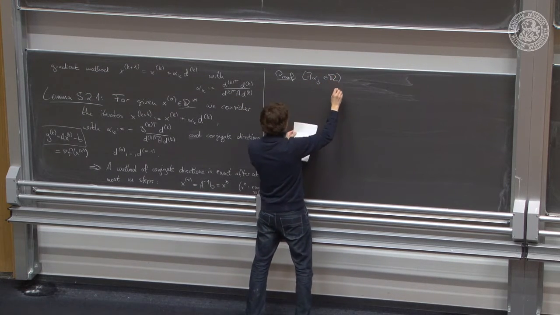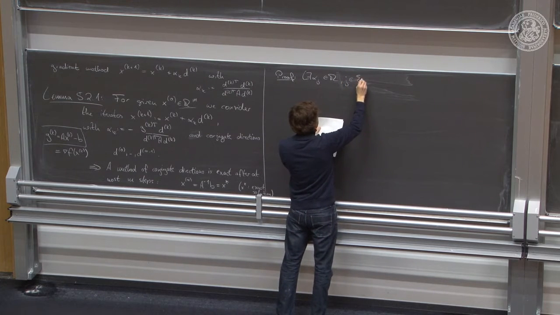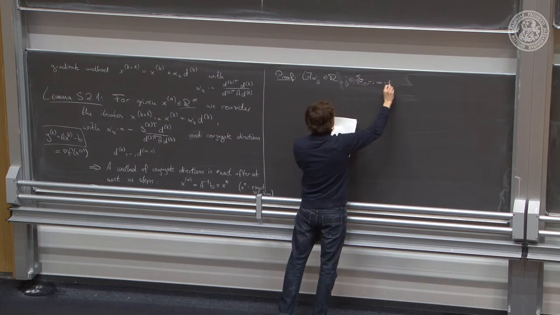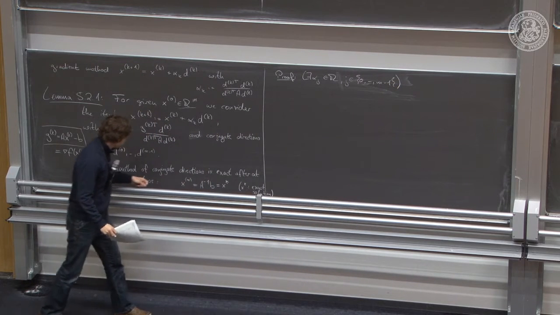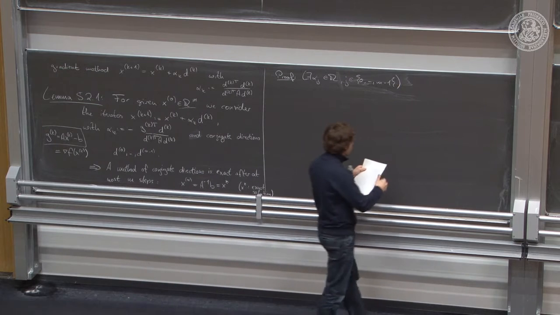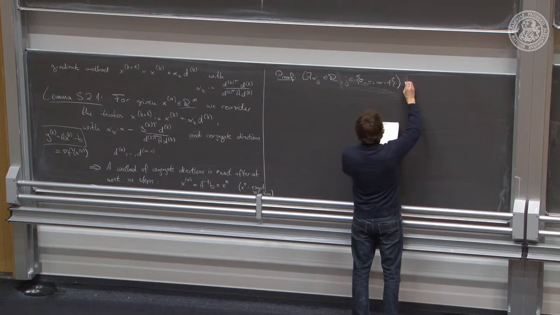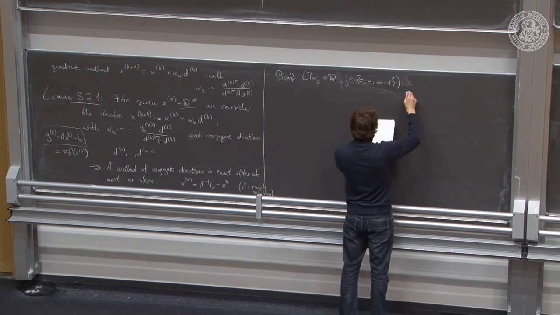So how can we prove it? Of course, since our conjugate directions are conjugate, in particular that means they are linearly independent, and we have m linearly independent vectors.